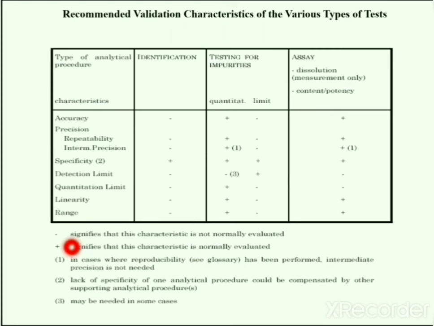In the following table, the minus symbol signifies that the characteristic is not normally evaluated, while plus denotes that the characteristic is normally evaluated. 1 is used in cases where reproducibility has been performed, but intermediate precision is not needed. Number 2 denotes lack of specificity of one analytical procedure, which could be compensated by other supporting analytical procedures. Number 3 may be needed in some cases.